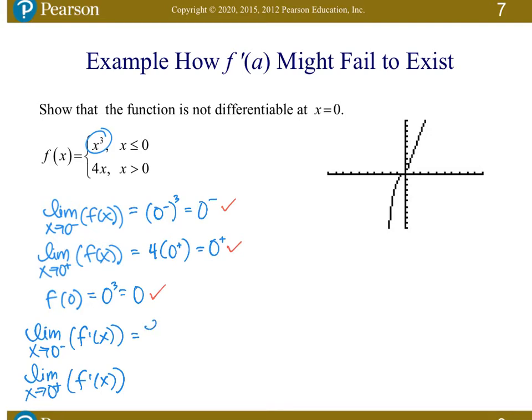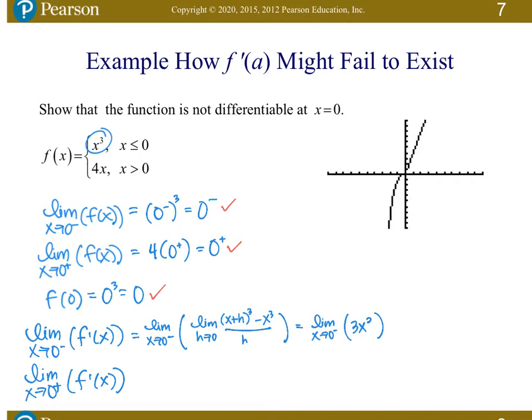So we'll have the limit as x approaches 0 from the left of the limit as h approaches 0 of x plus h quantity cubed minus x cubed over h. Now I've done this, and we've done this enough times now, so I'm going to skip all the FOIL and all the expanding and all the reducing, and I'm just going to go to the fact that that will turn out to be 3x squared.